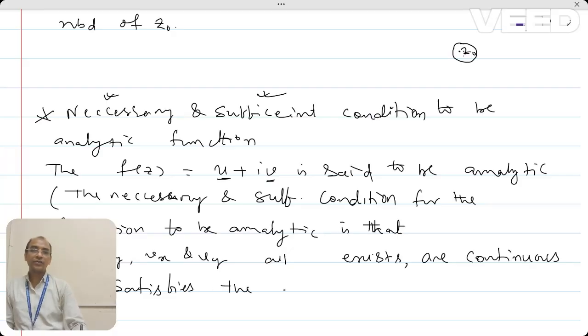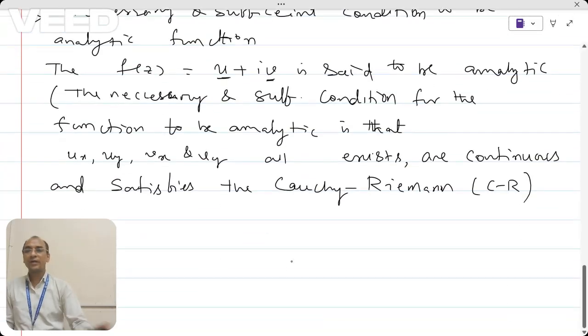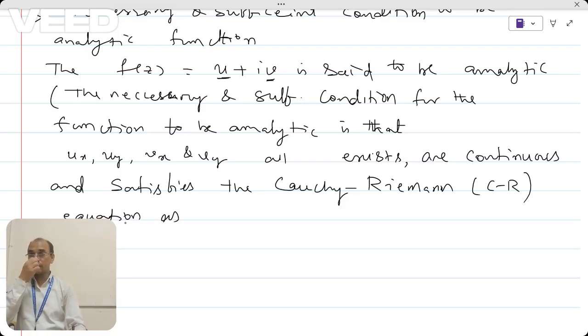and satisfy the Cauchy-Riemann equation, in short form CR equation. What is the Cauchy-Riemann equation?